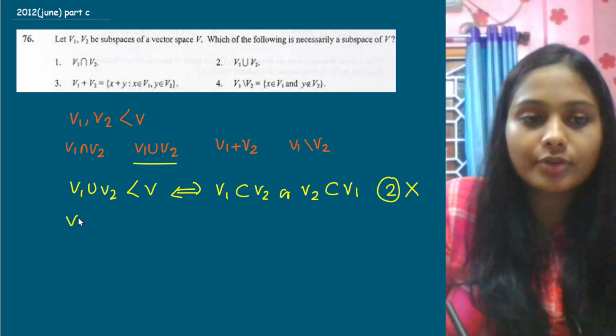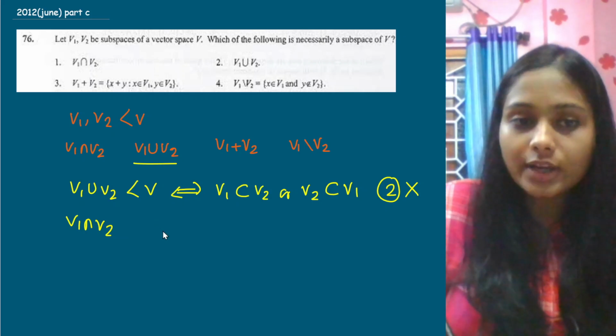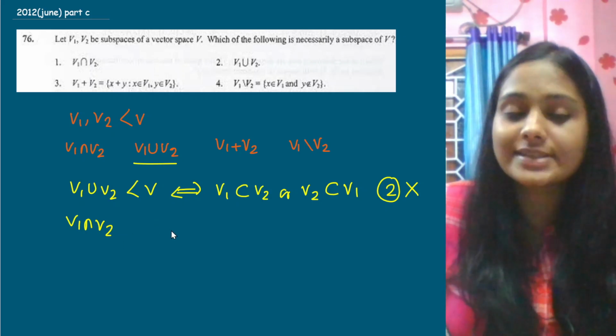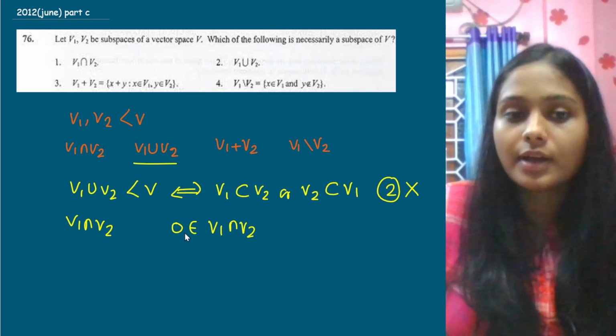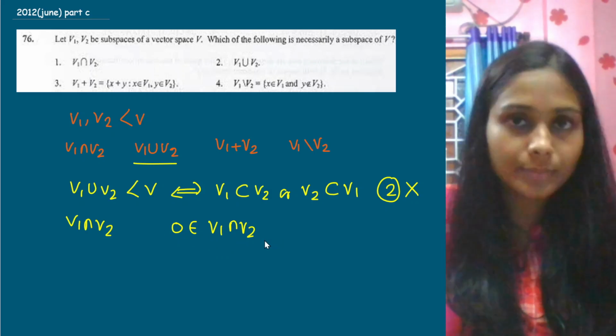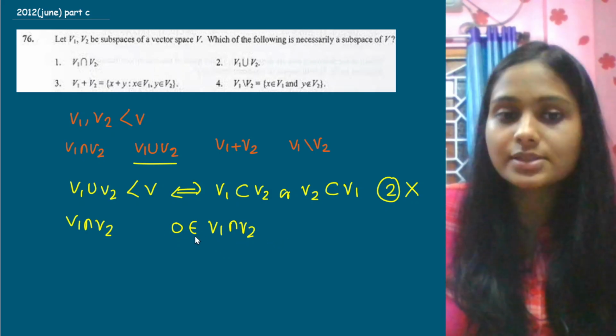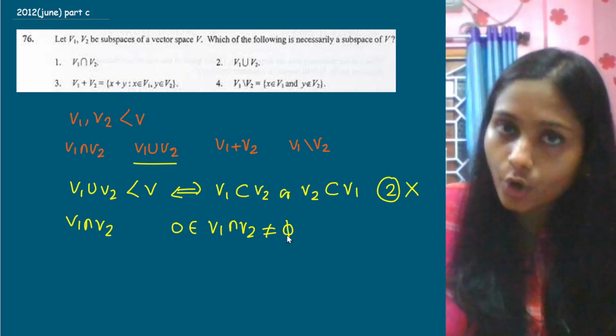Now let us see V1 intersection V2. Okay, so the 0 element, we first need to check whether the 0 element belongs to V1 intersection V2. That means whether V1 intersection V2 is non-empty or not. Since the 0 element always belongs to V1 intersection V2, this is non-empty.